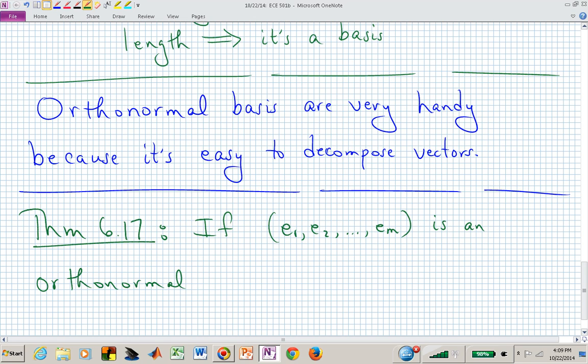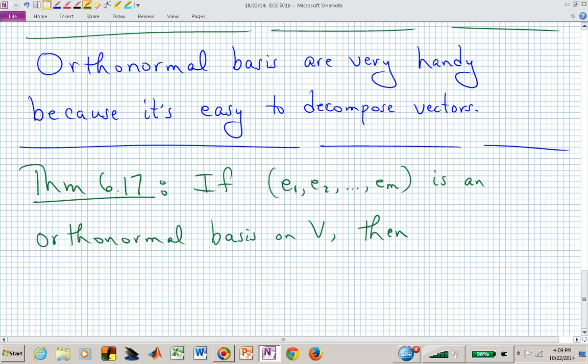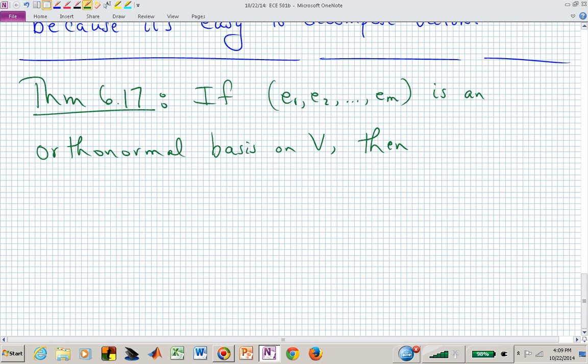If this list is an orthonormal basis on V, then we can actually decompose or represent any vector V in the linear vector space capital V as some linear combination of those basis vectors, and the amount of each orthonormal basis vector that we use can be found by the inner product of this vector V with the particular basis vector that it's in the direction of.